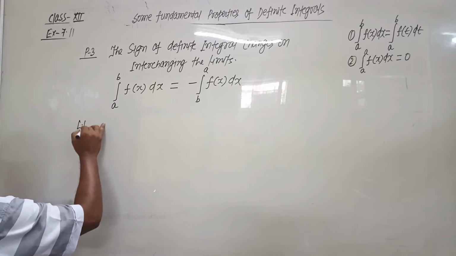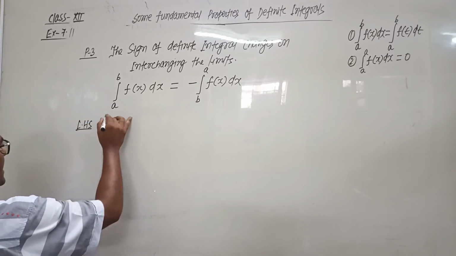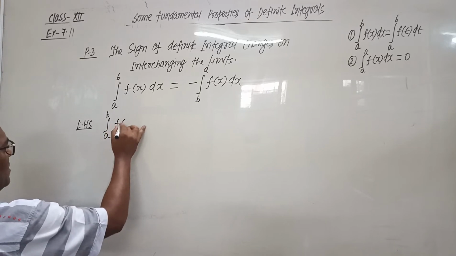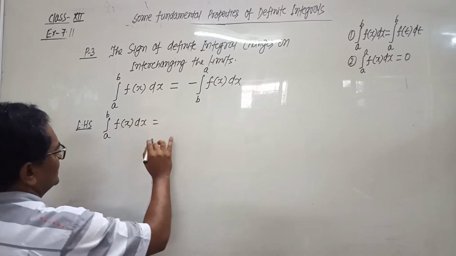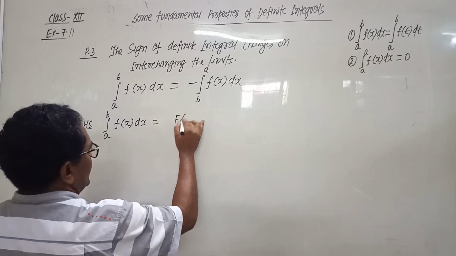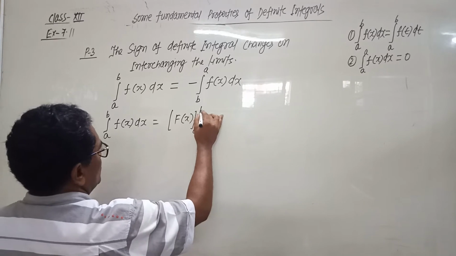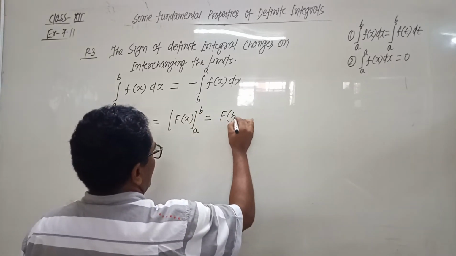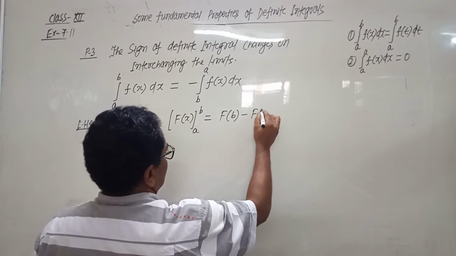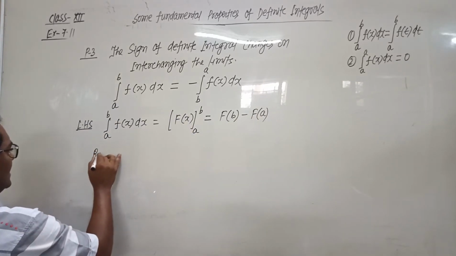So solve this proof. LHS integration a to b f of x dx, and integral f x dx is written as capital F of x and limit from a to b and put the limit. So we get F of b minus F of a. This is our LHS.